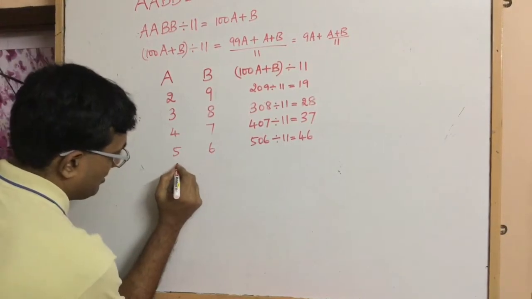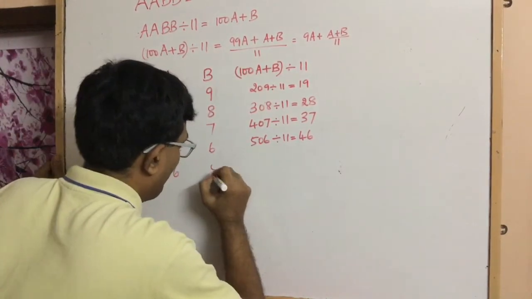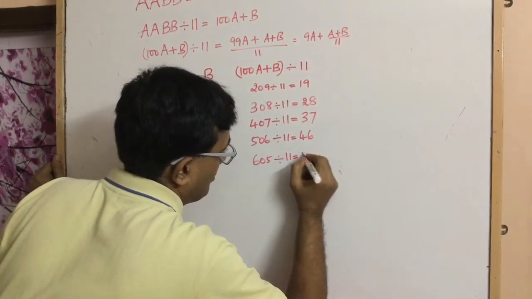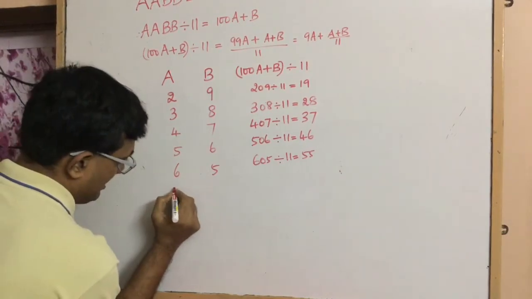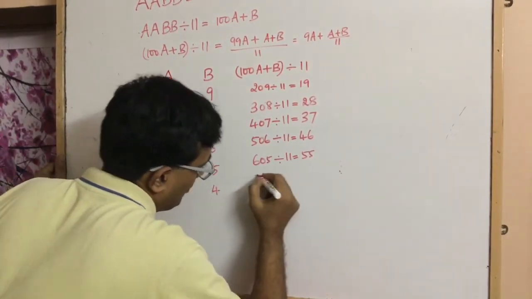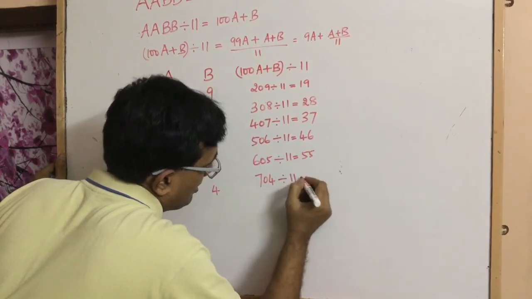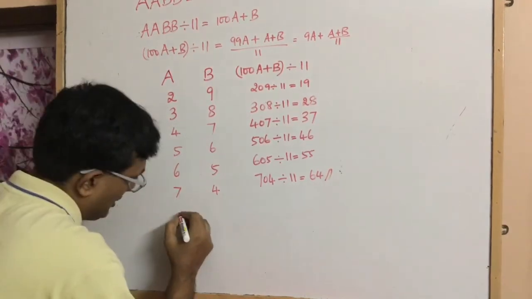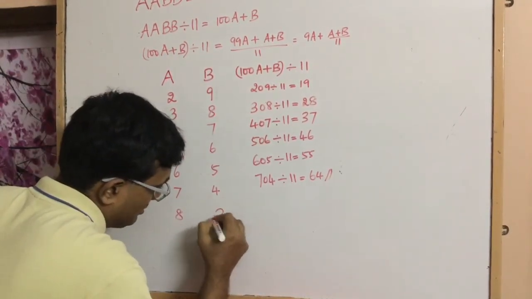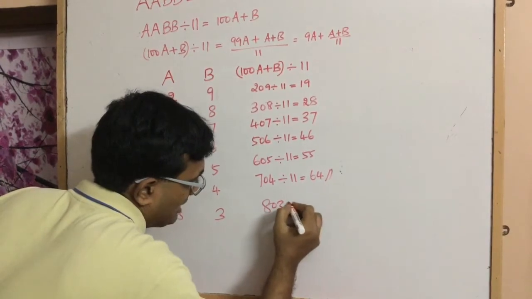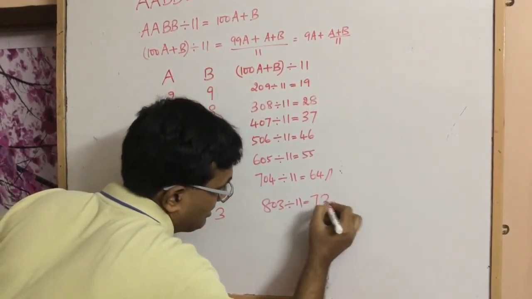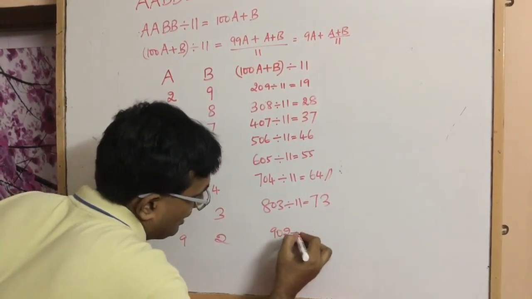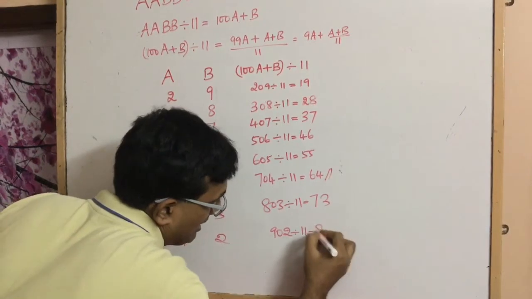So if we had 6 and 5 here, we would have 605 divided by 11, that would be 55. 7 and 4 would make it 704, divided by 11 this would be 64, which is a perfect square. Of course, the next two choices can also be written down. 8 and 3, which is 803 divided by 11, which is obviously 73. And 9 and 2, that is 902 divided by 11, which would make it 82.